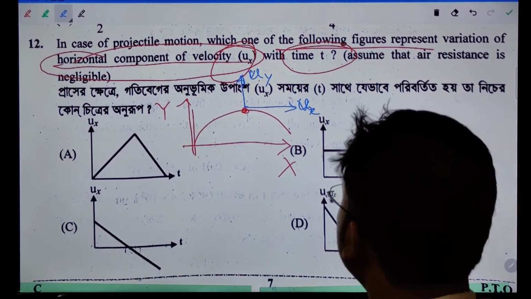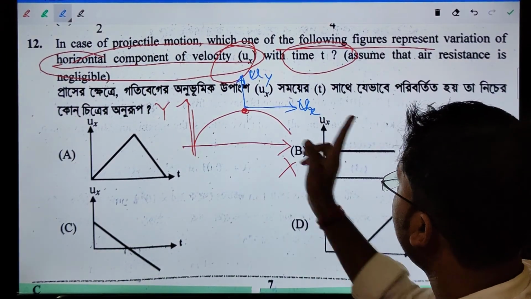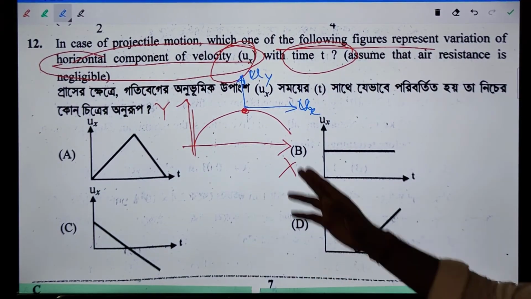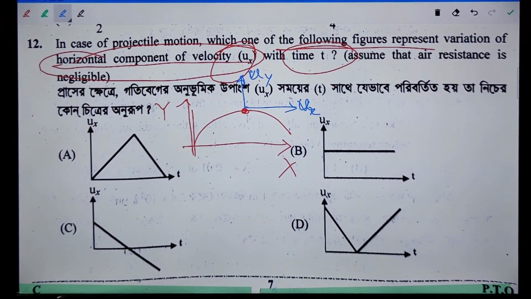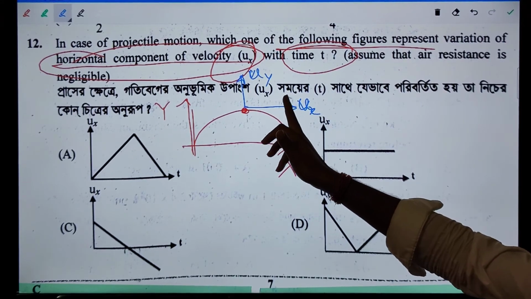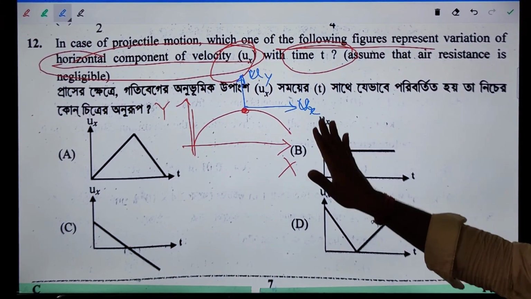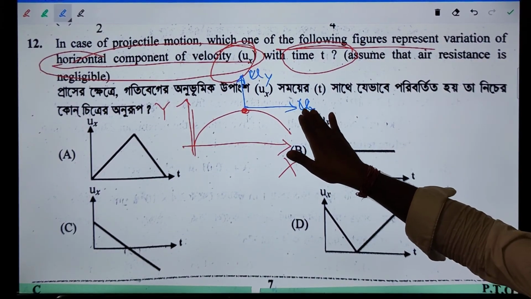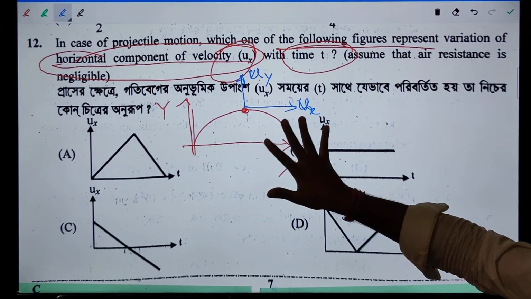So you can see the x component of the velocity, that is ux, is along the x direction, and this x component has no relation with the gravity, and only the y component will have relation with the gravity. So in this case the x component of the velocity will be independent of time.